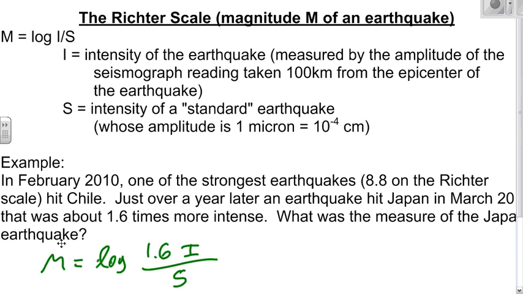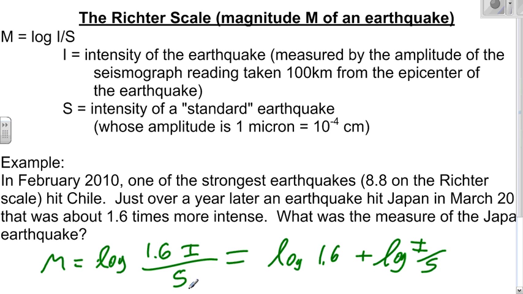That would be the magnitude of the Japan earthquake. So using our logarithmic rules, since we are multiplying here, we can split that up to addition. So we could do log of 1.6 plus log of I over S.